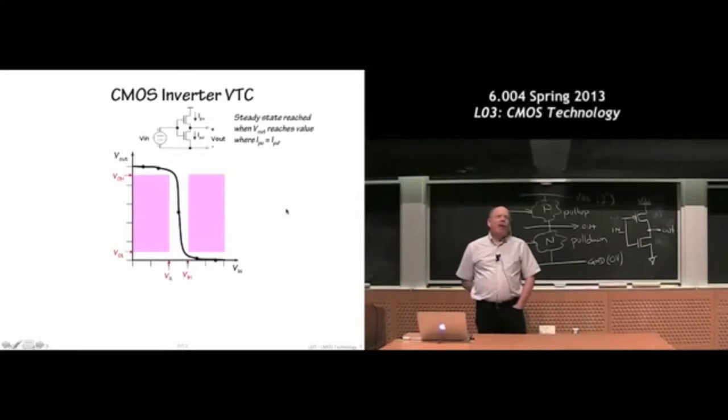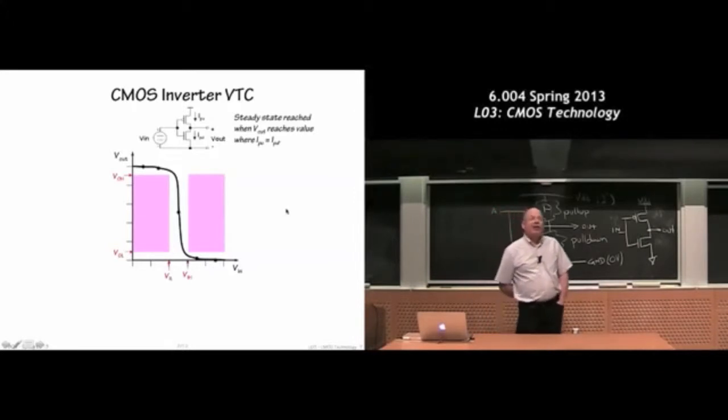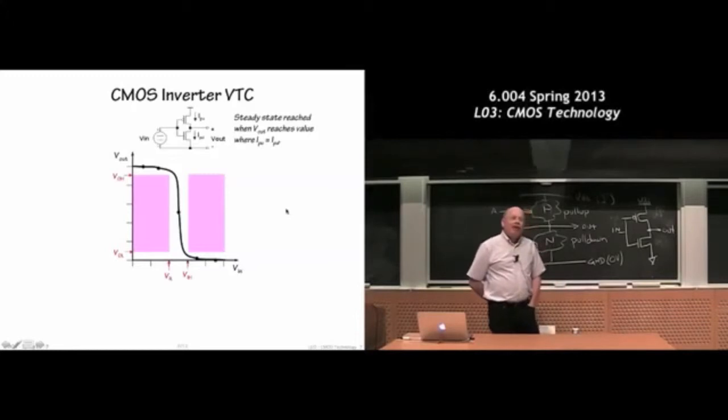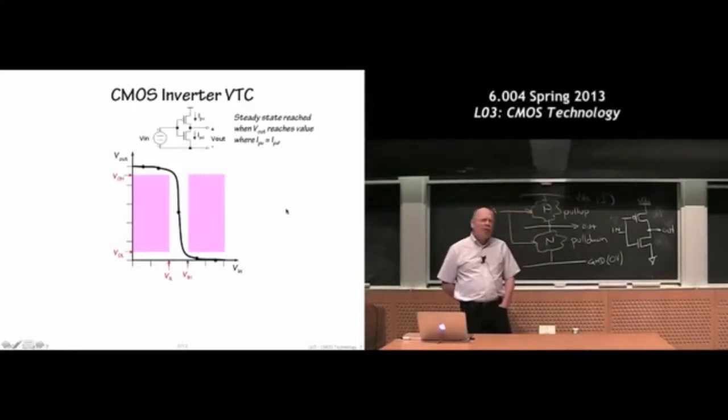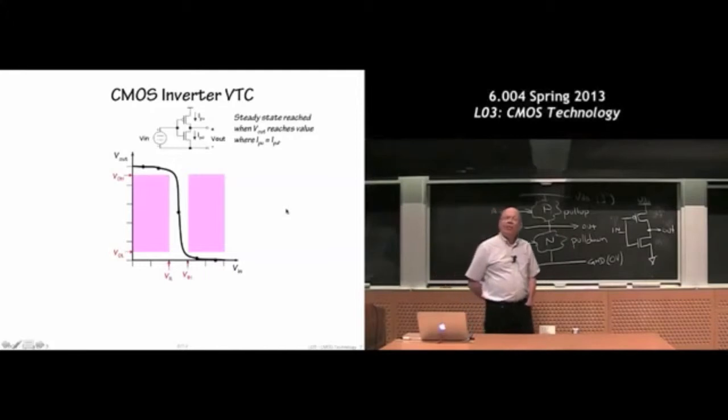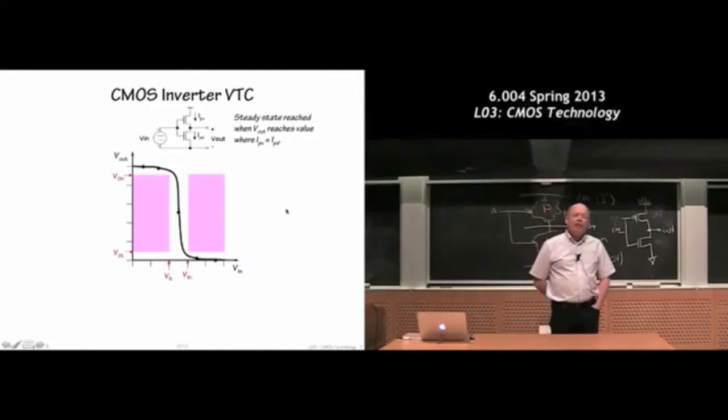Well, you're not quite sure. I haven't given you enough information to really figure it out. But the choices seem to be they're both off. What happens to the output node when they're both off? Well, it's not connected to either the power supply or ground.